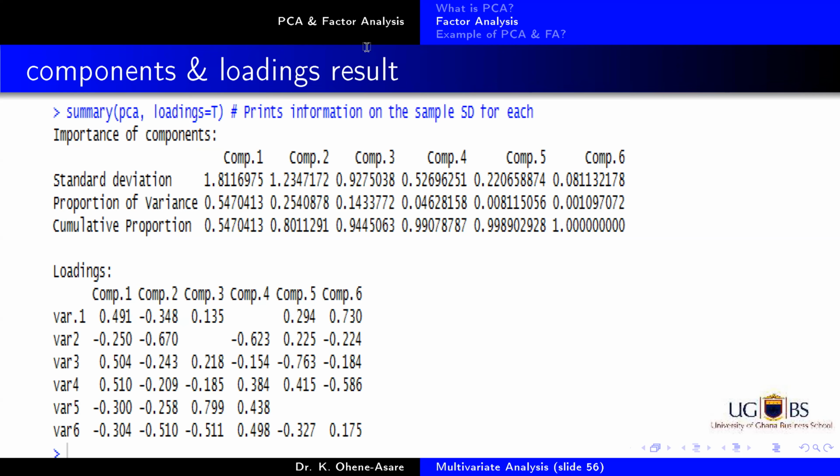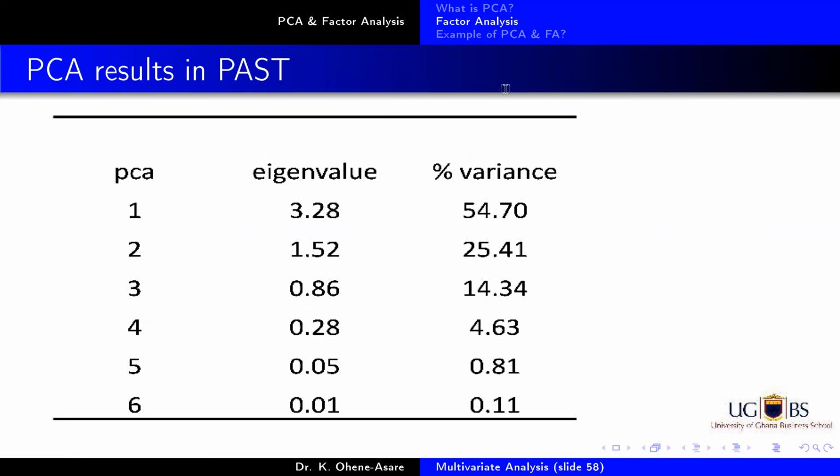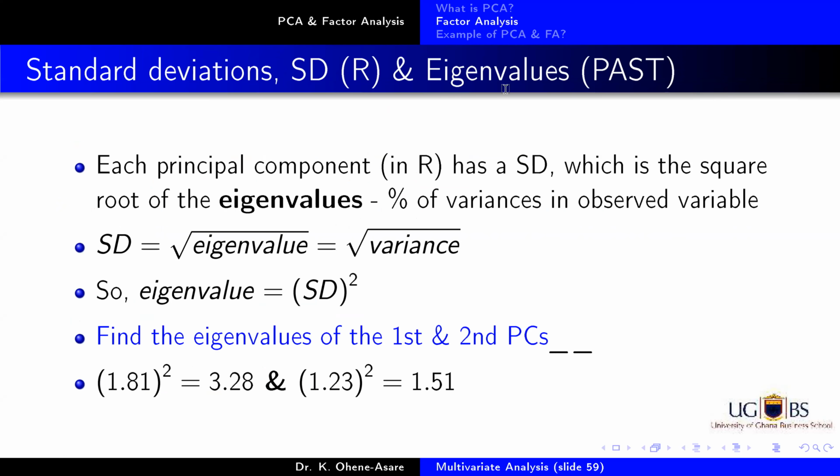Now I get 2 different answers again. Some of you are confused. Is it 1.52 or 1.51? Okay, if you use my own, you might get it wrong. So you have to be systematic. So you get 1.23, then you square. So you round it to 2 decimal places before you square it.